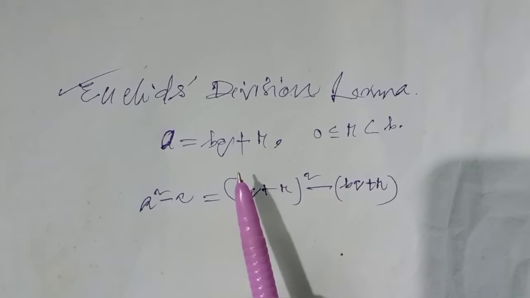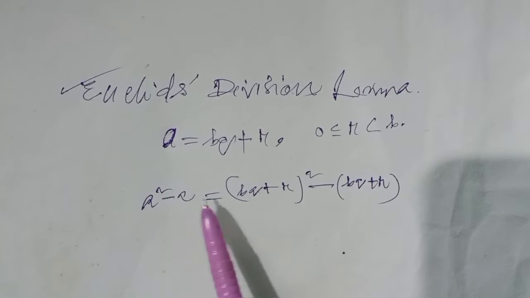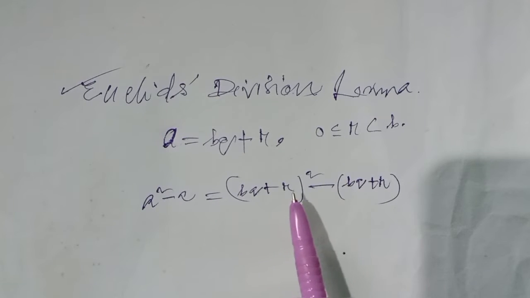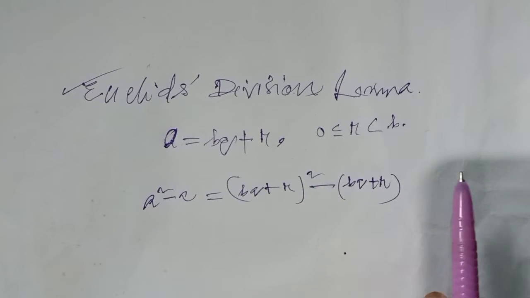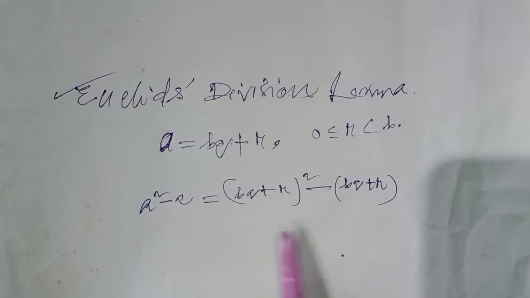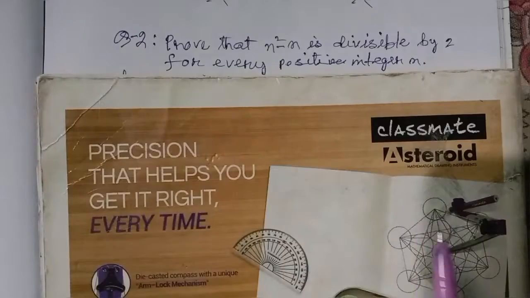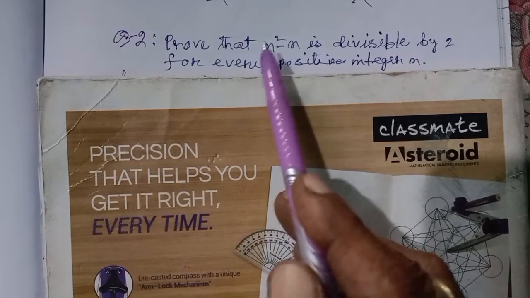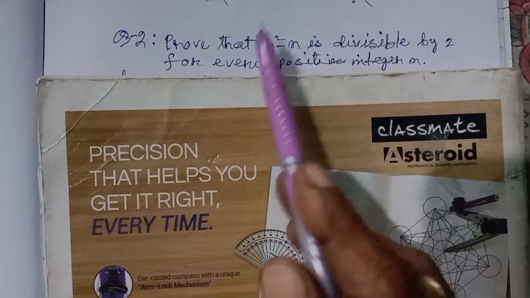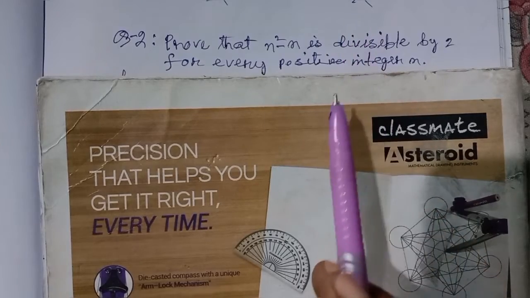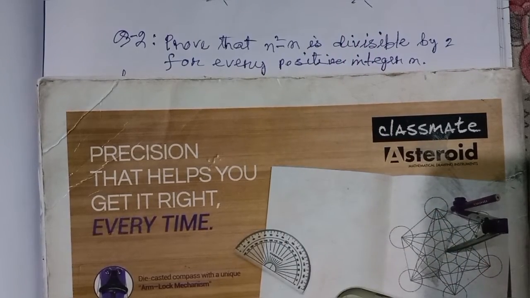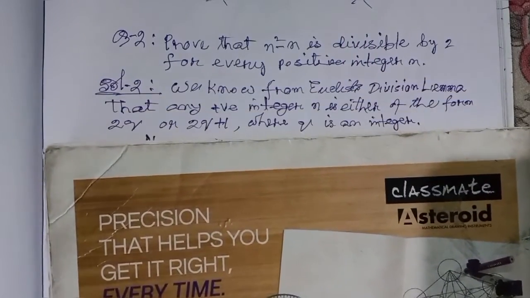So if we want to calculate a square minus a, then it is equal to bq plus r whole square minus bq plus r. This is what the examiner is saying in this question, which is equivalent to a square minus a. Okay, so we shall follow the pattern of the question. So come to the solution.